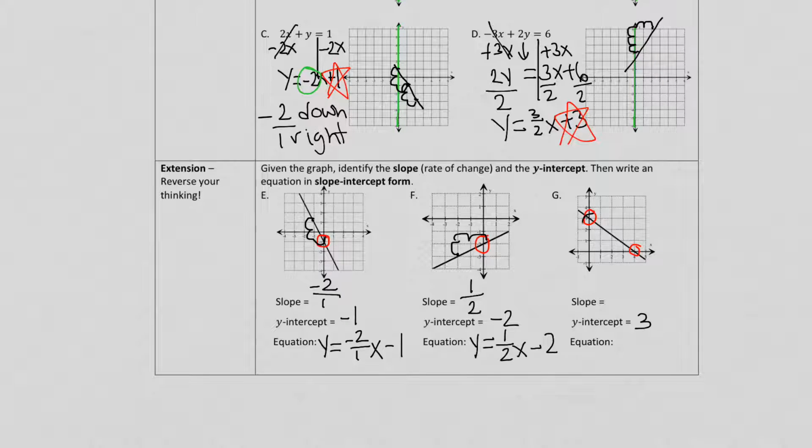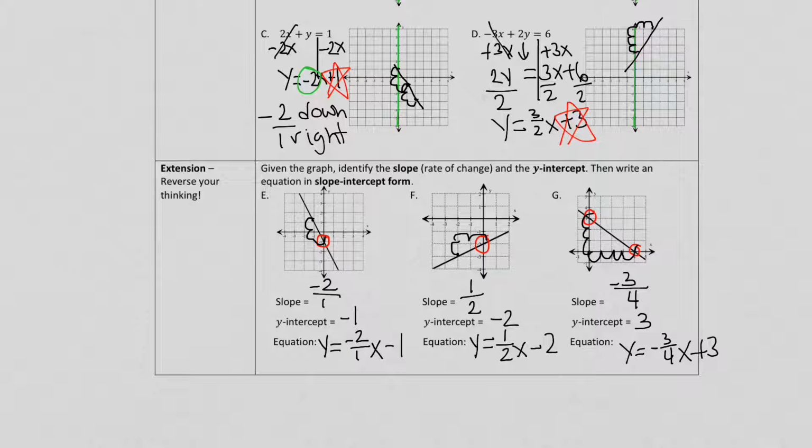It's going down 1, 2, 3, and it's moving to the right 1, 2, 3, 4. So my slope is going to be moving down 3, which is negative 3, and to the right 4. So my equation would be y equals, and my slope is negative 3 over 4, x, and my y-intercept is positive 3.